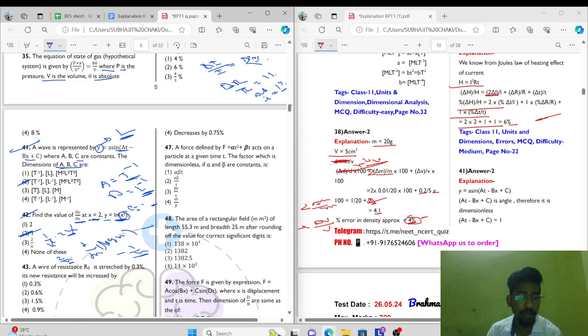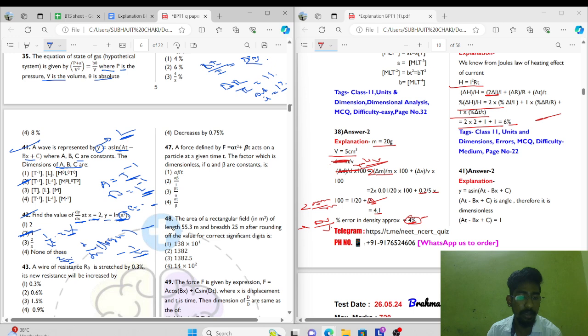Okay, so number 43. R naught is stretched by 0.3%, the new resistance will be. First of all, remember this, whenever an electrical wire is stretched by a certain percent, the error in the new resistance will always be twice the stretched percent.